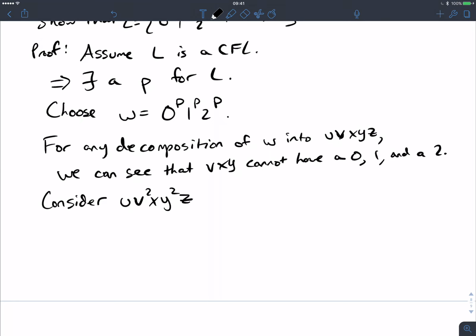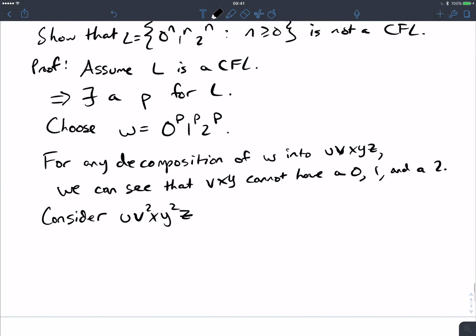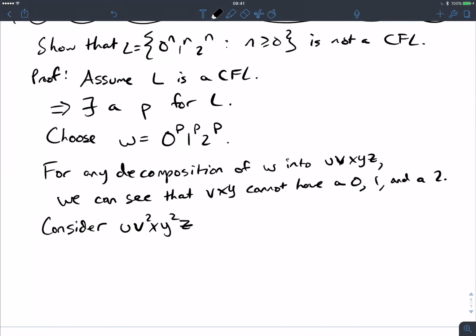What is the only way that resulting string could be in the language? In order to be in 0 to the n, 1 to the n, 2 to the n, it has to have the same number of zeros, ones, and twos. That's the only possible way. If it has a differing number, then there's no way it's in the language.